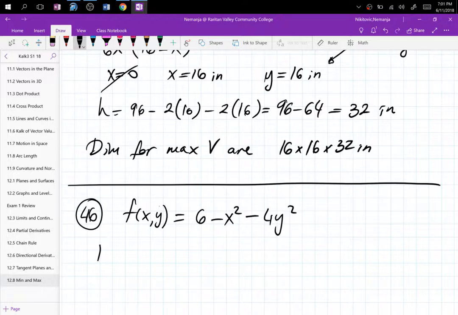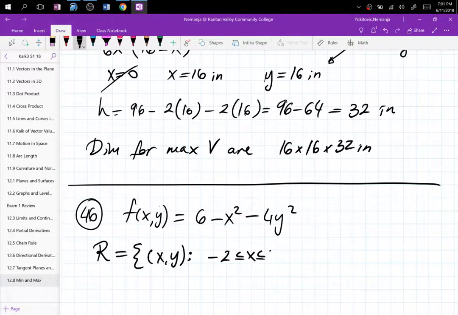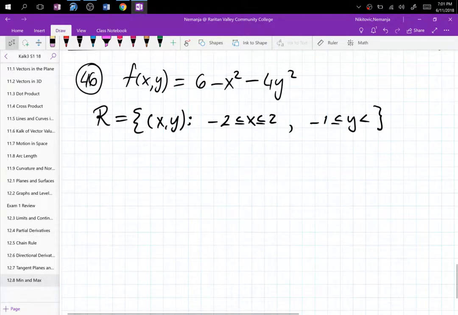And now the region R is described as the set of all xy points such that x is between negative 2 and 2, and y is between negative 1 and 1.